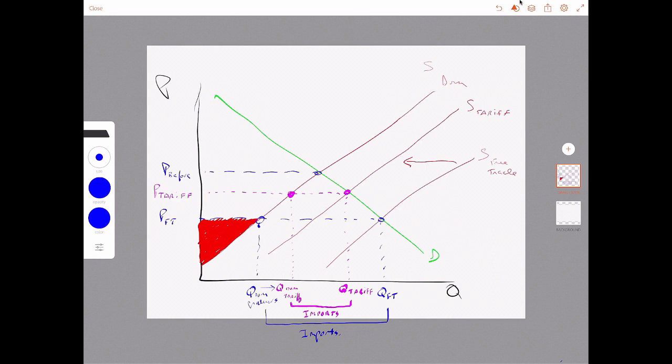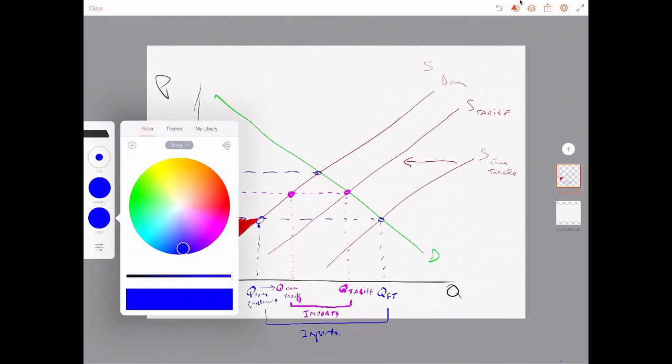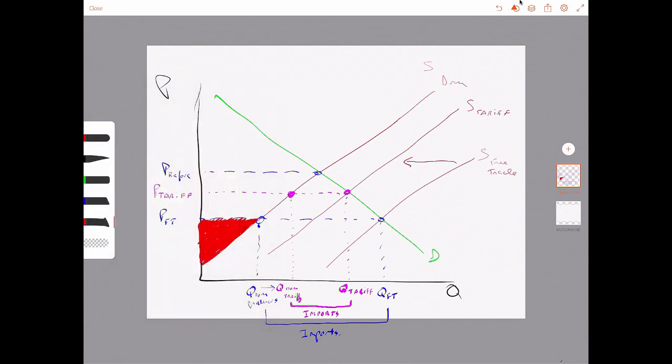So this is good for the domestic producer. This is good for the micro level producer because they also recapture some of their surplus. So this area here, which had been consumer surplus, is now transferred back to the producer. It's not as good as it was before there was any trade at all, but it's better.